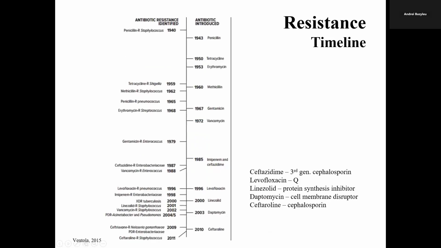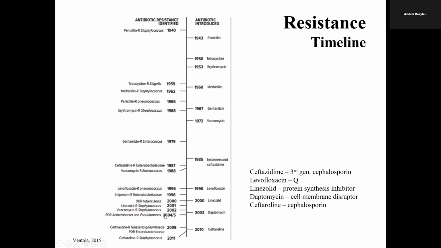This timeline here on the next slide basically illustrates something that I already mentioned to you before. What you have here on the right is the timeline for different antibiotics, when they were introduced to the market, the year of the introduction.